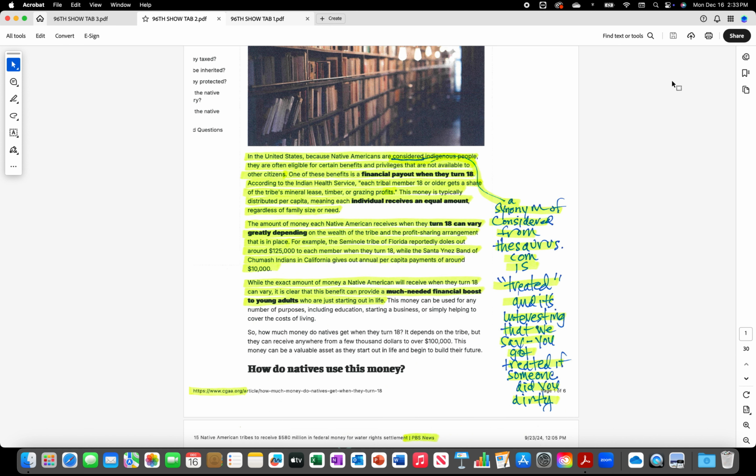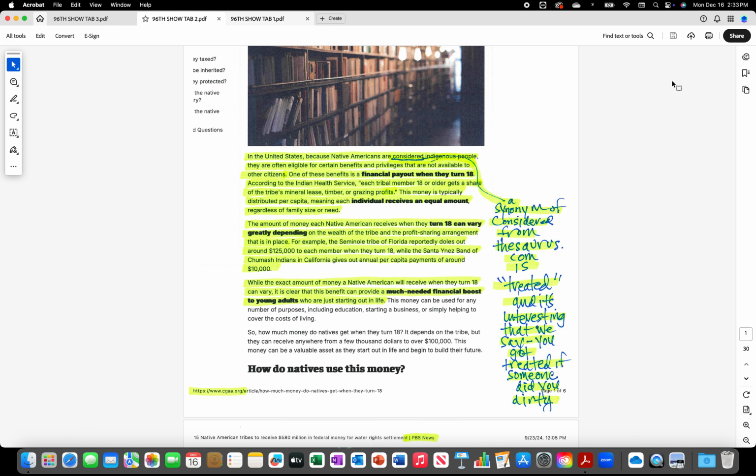For example, the Seminole tribe in Florida reportedly doles out around $125,000 to each member when they turn 18. Look, the federal government grip ain't looking too bad.